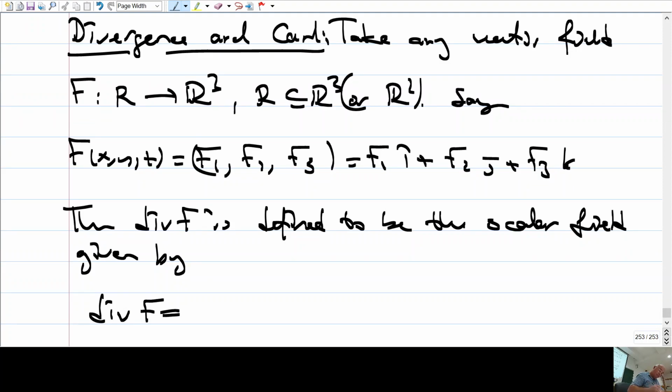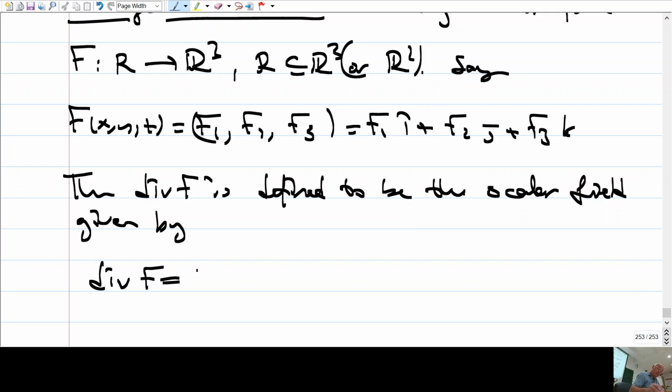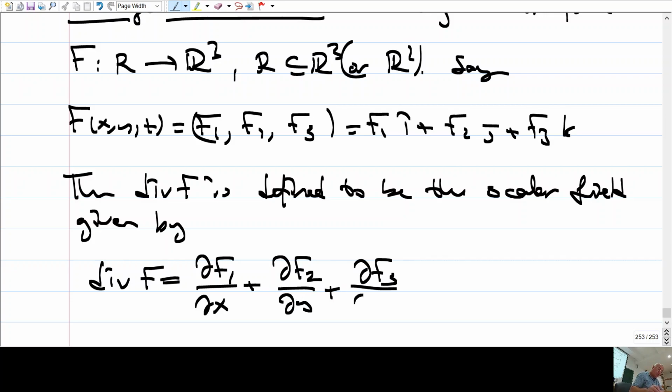Divergence of f. You take the first component of the vector field and differentiate with respect to the first variable, and then you take the second component, differentiate with respect to y variable, and take the third one, differentiate with respect to z, and add them up.